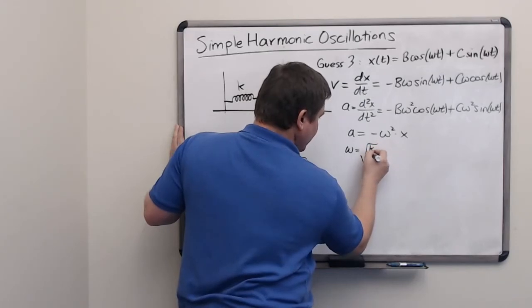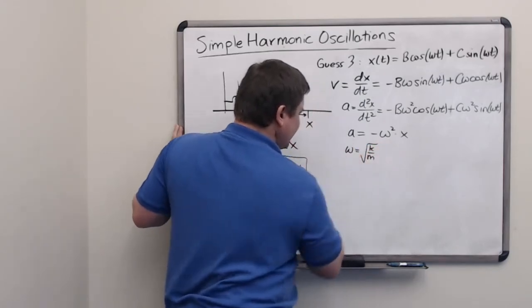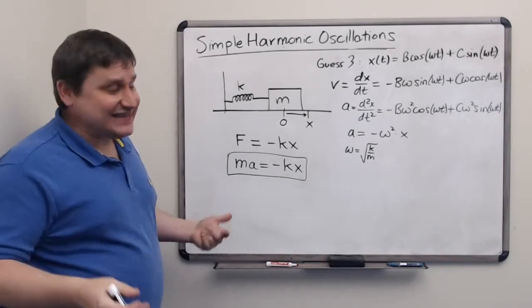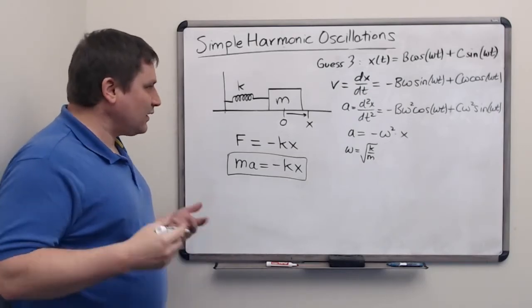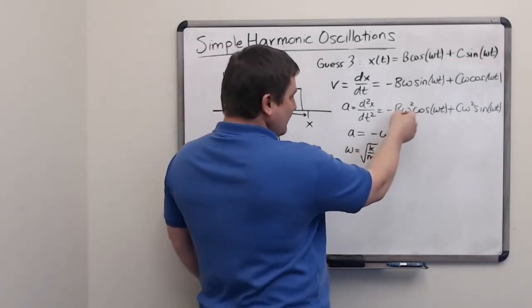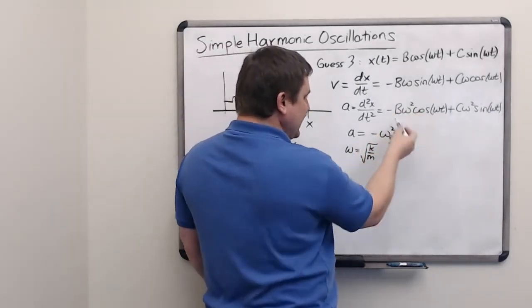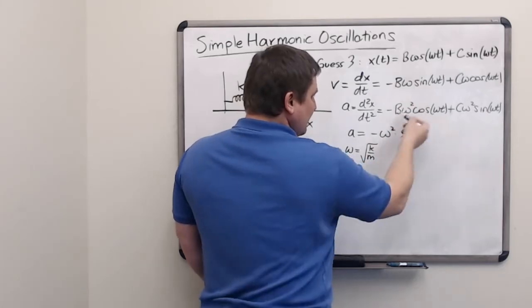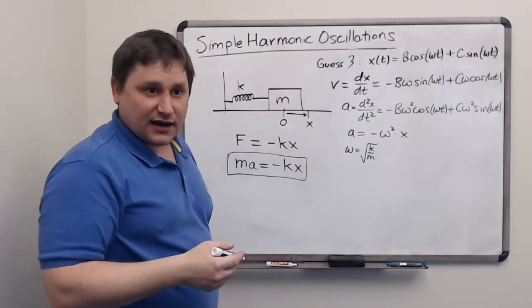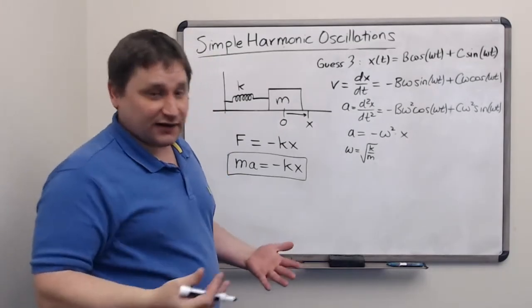Square root of k over m will be the formula that omega has to satisfy. But what about the B and C constants? Well, again, since they're just eliminated by replacing this expression for a with x, the B and C constants can be anything, and this will still be a solution.